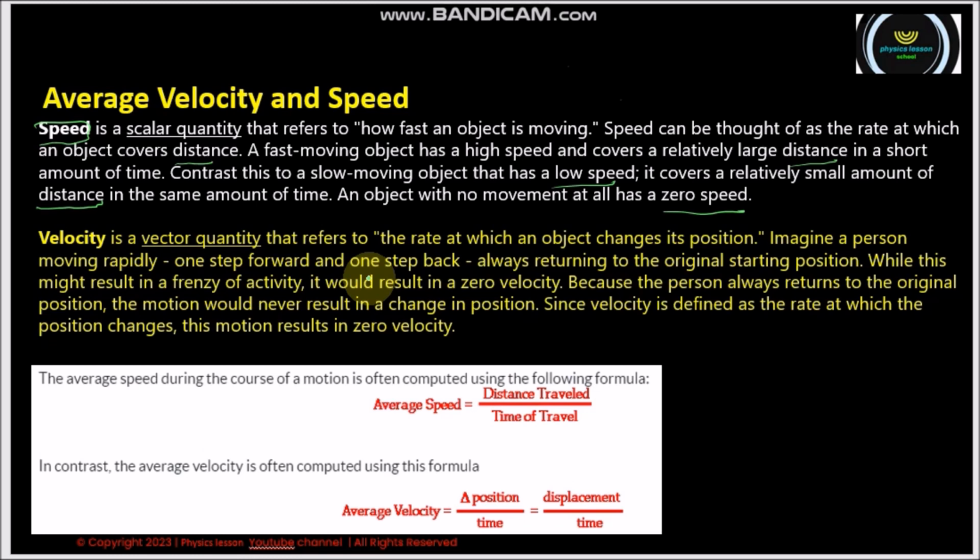The second part is velocity. Velocity is a vector physical quantity that refers to the rate at which an object changes its position. The rate means per time.